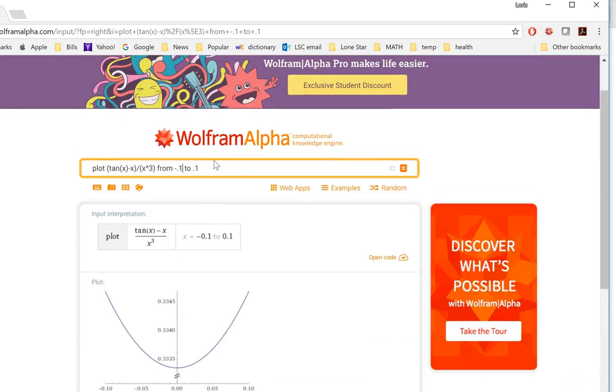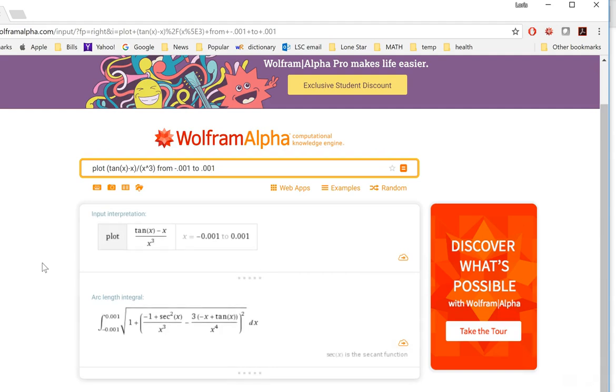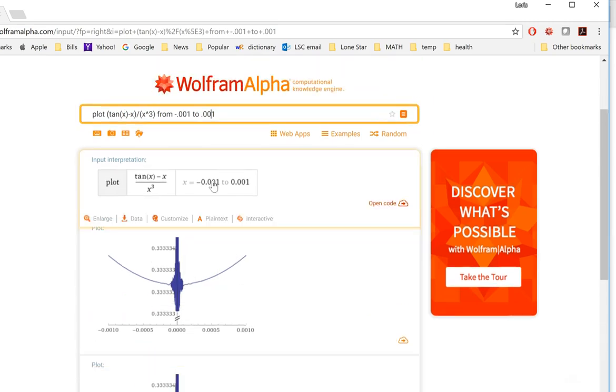All right, 0.3 something. Now, what if you go further in? So maybe from -0.001 to 0.001. Let's see what that looks like. All right, it's computing it. Takes a little while. Now, see, there's issues here. What's happening is the computer doesn't know what to do with it. The values are getting closer and closer to 0 on top and the bottom.